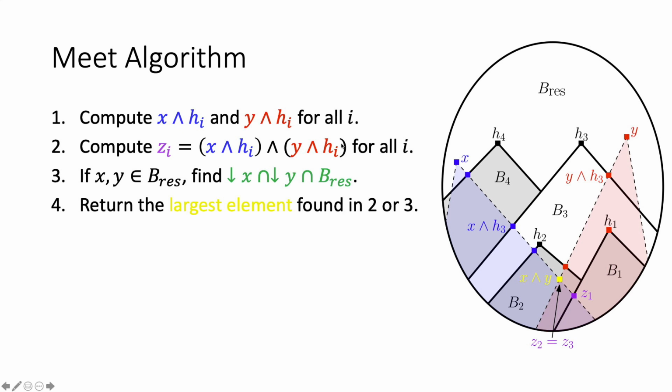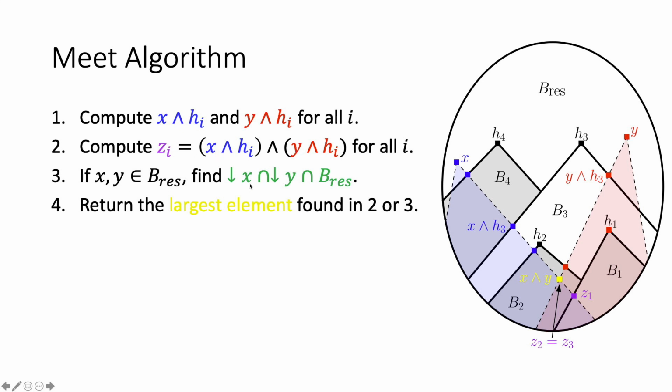Well, let's look. For all of these z_i's, we know that the element z_i must be below both x and y. Why is this? Well, if you take x and meet it with something, and keep meeting it, you're going to just stay within the downset of x. So clearly the z_i's, everything found in step 2, must be below both x and y.